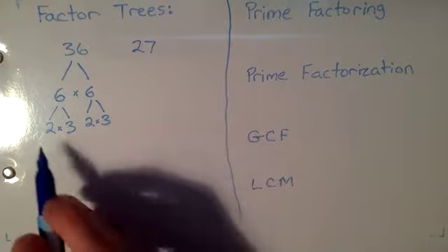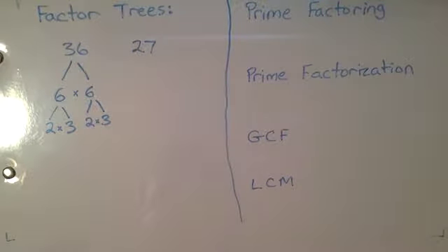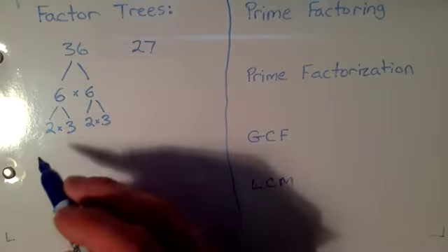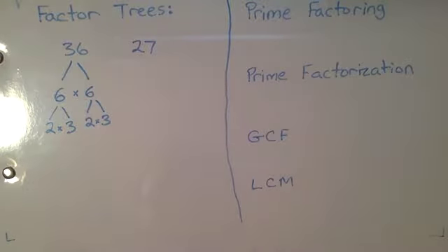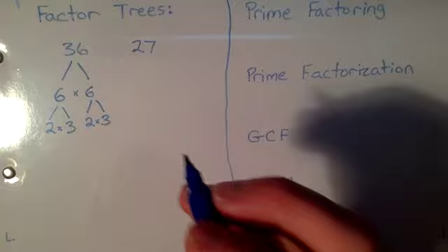So now 2, 3, 2, and 3 are all prime numbers. So we can't break them down any further except for 1 in itself. And there's no point in doing that because you could make the tree go on forever if you kept doing that. So we finished factoring down 36.